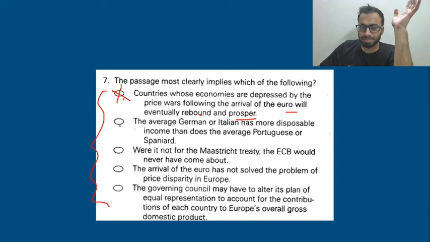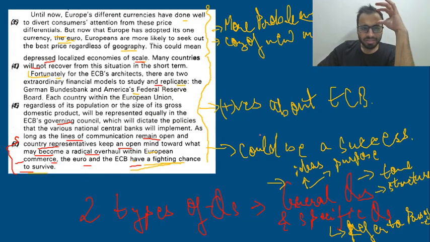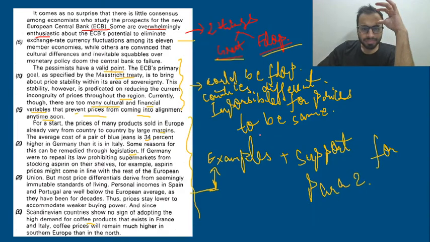B. The average German or Italian has more disposable income than does the average Portuguese or Spaniard. Was there anything in the passage about this? Personal incomes in Spain and Portugal are well below the European average, as they have been for decades.